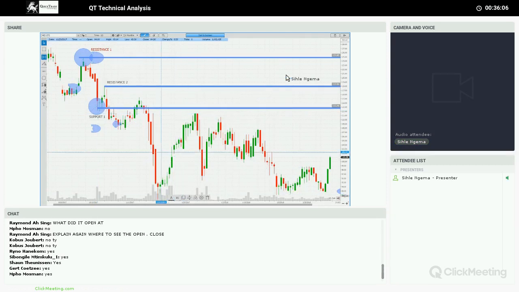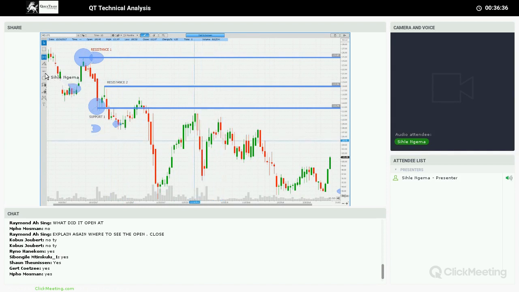So far as you can see right now, I have resistance 1 there at the top. The share price came down. When it reached this particular area, it started to change direction. It went up. So this area, we identified as support 1. When it got to this second line, 117 rand and 96, it changed direction. It started going back down again. This we identified as resistance 2.